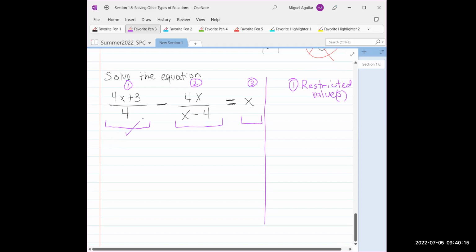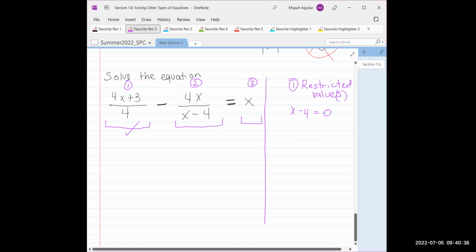The second term, 4x over x minus 4, does that have a variable in the denominator? Yes, it does. So this is a true rational expression, and we have to assess whether it has a restricted value. To do that, I'm going to put x minus 4, set that equal to 0, and solve for that restricted value.